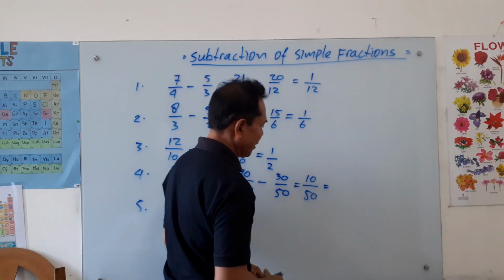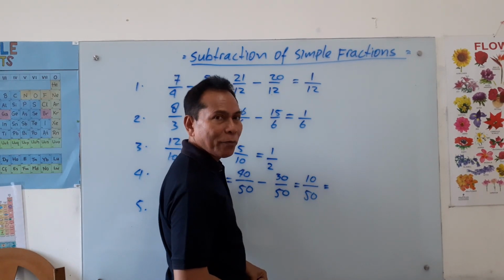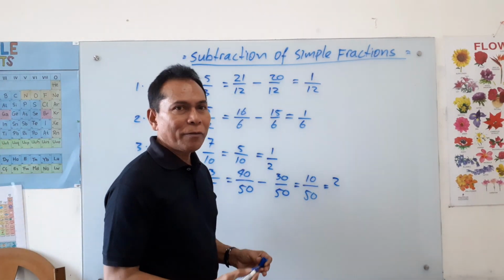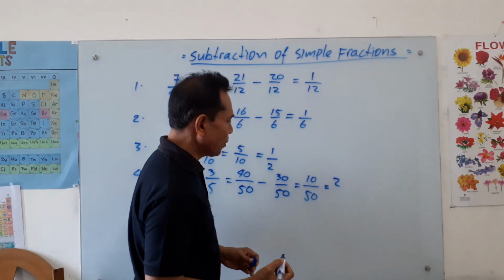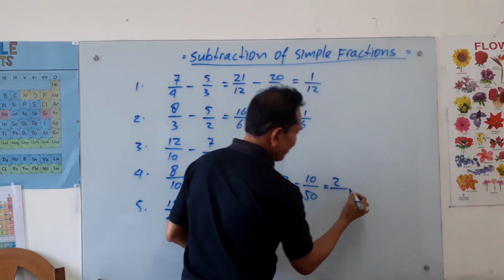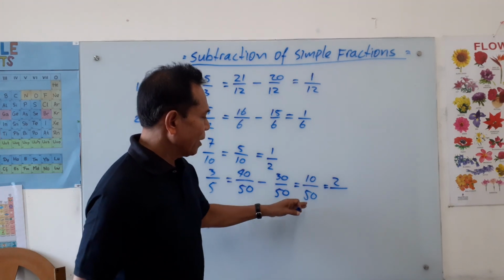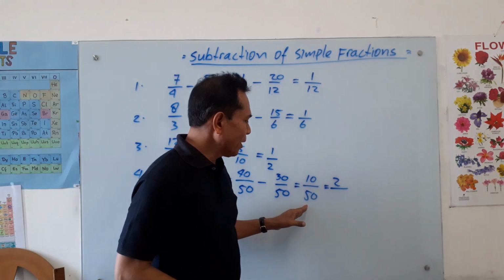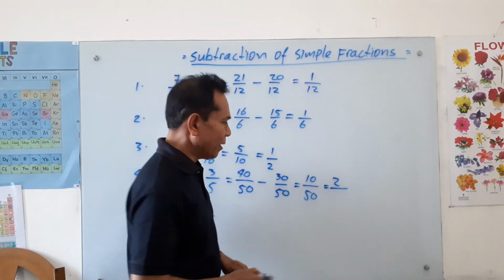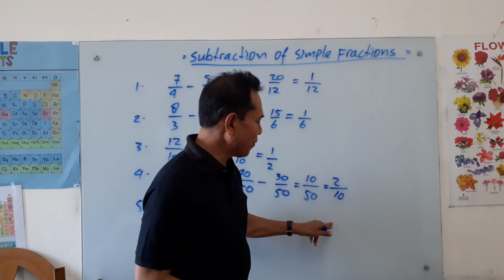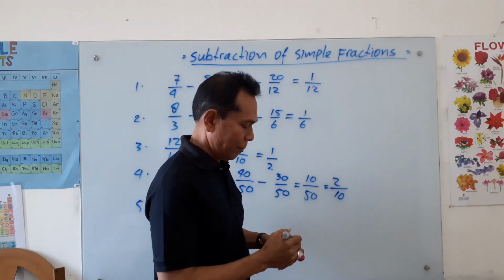So we take 5 here. 10 divided by 5 is 2, or 2 times 5 is 10. Now we go to the denominator 50. 50 divided by 5 is 10, or 10 times 5 is 50.